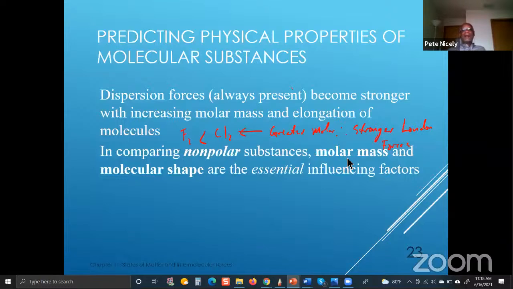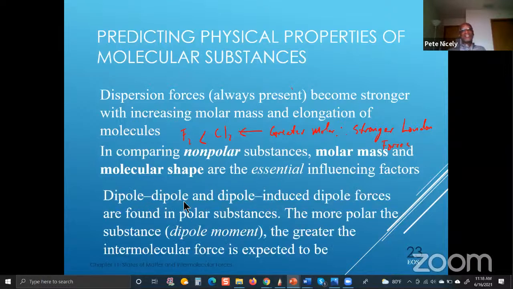So in comparing nonpolar substances, we look at two things: the molar mass and the molecular shape, as factors that influence the forces that exist between nonpolar molecules.